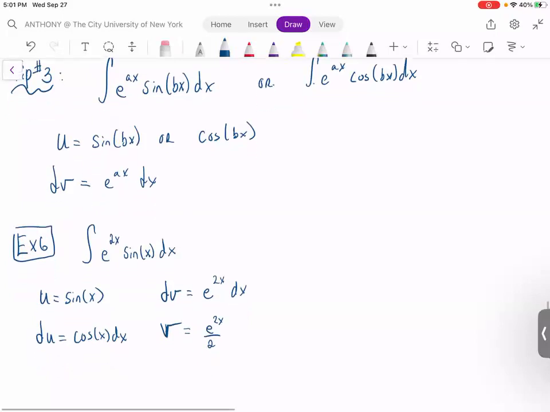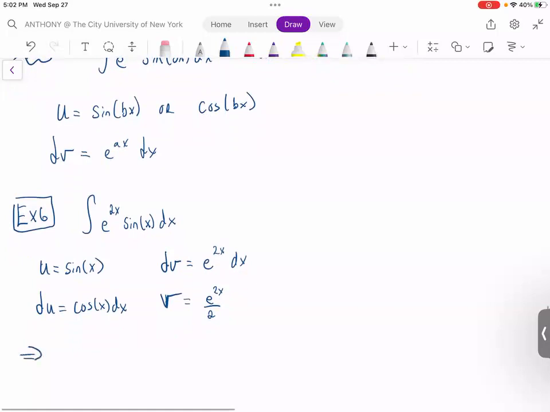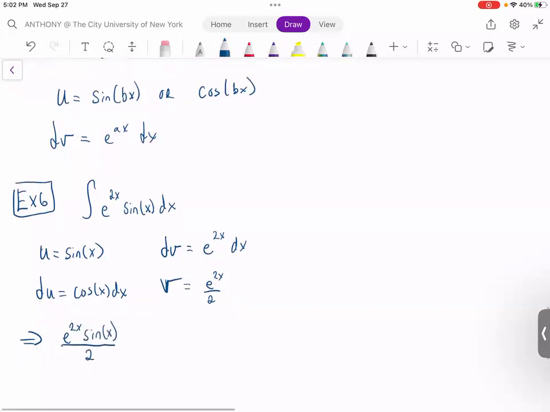Okay. So by integration by parts, we're going to have u times v minus the integral of v times du. So just writing this, v times u, I can say we have e to the power of 2x in front of the sine function, all divided by 2, minus the integral of, well, just to clear up this integral a little bit, I have v times du.